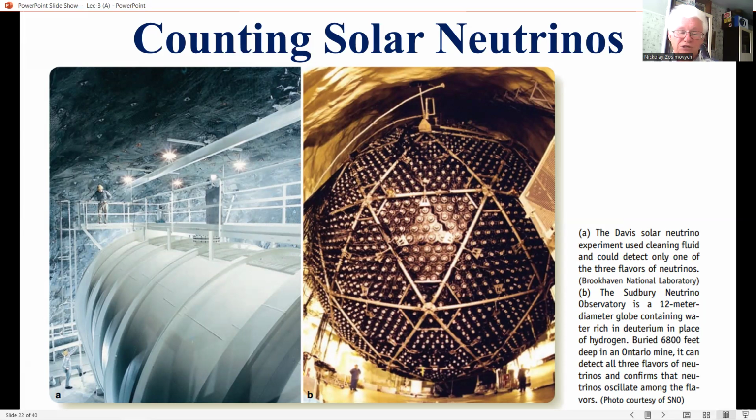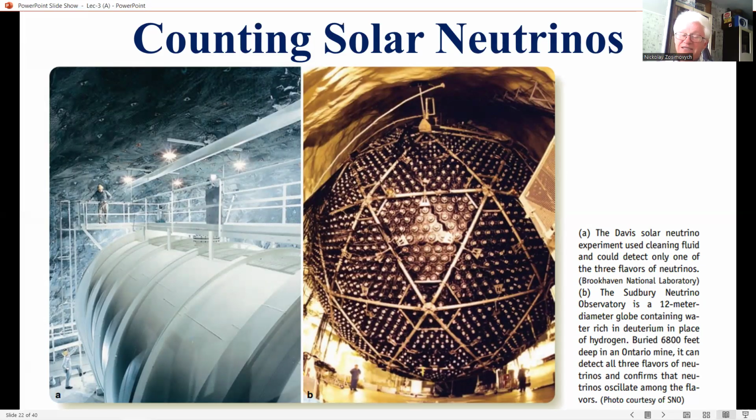You can't focus neutrinos with a lens or mirror, and they zip right through detectors used to count other atomic particles. But neutrinos of certain energies can trigger the radioactive decay of certain atoms. That gives astronomers a way to count solar neutrinos.